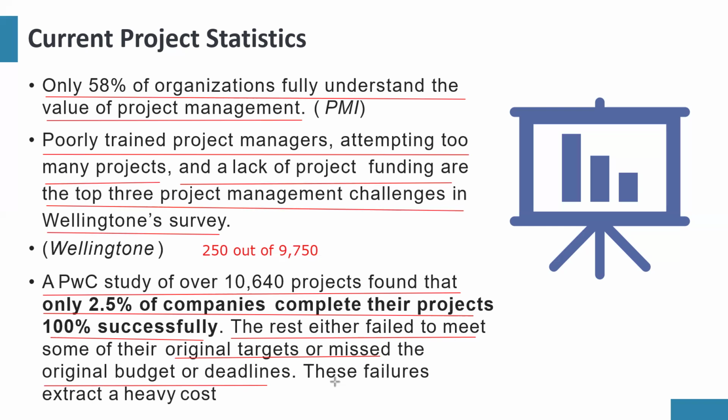Now, over the years I've been training this course, I see project management literally in everything I do. And I've come to the conclusion that once a project fails, we should do a funeral service for that project. We should all wear black that day.